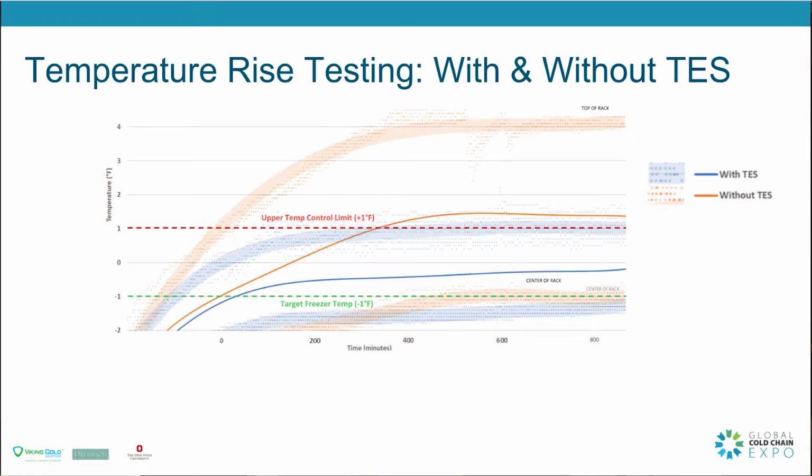But what we did is we did 2 pre-installation test days and we did 2 post-installation test days. And so if I look on here, this orange line is the average temperature of the highest part in the room and the center of the room, or what we call the racking.